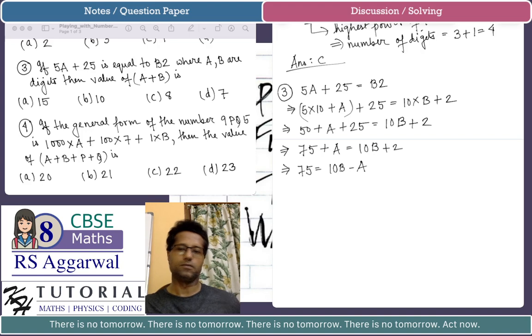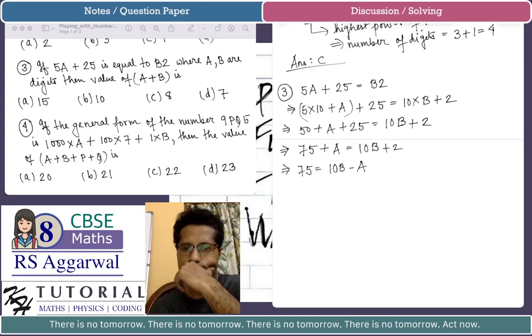A and B are digits. 5 into 5A is 50 plus A plus 25 is 10B. B2 is 10 into B plus 2, 10B plus 2 plus A, 73 plus 2A.